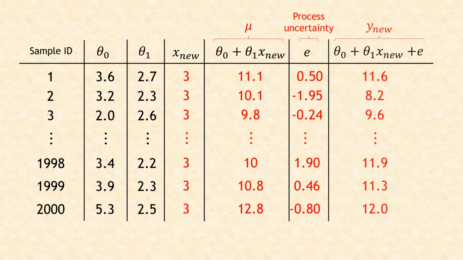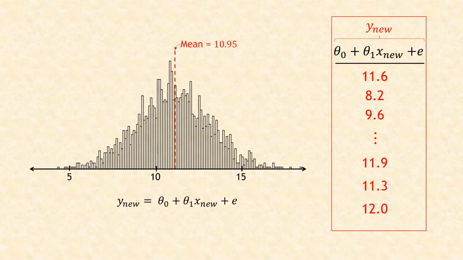Adding this to the mean gives us a full prediction of y new. This has a distribution with the same mean of 10.95, but with a much larger deviation of around 5. This larger uncertainty in our prediction arises because of the combined impact of the estimation and sampling uncertainty together. Finally, based on this distribution, our final prediction is approximately 11 plus or minus 5.